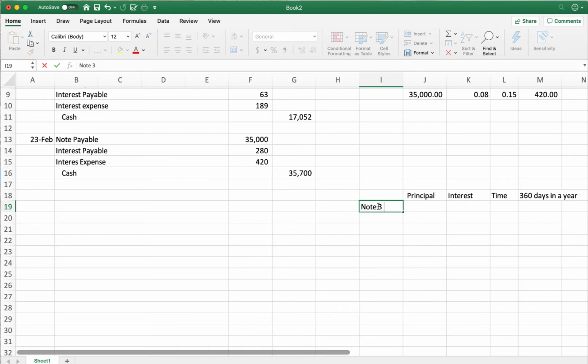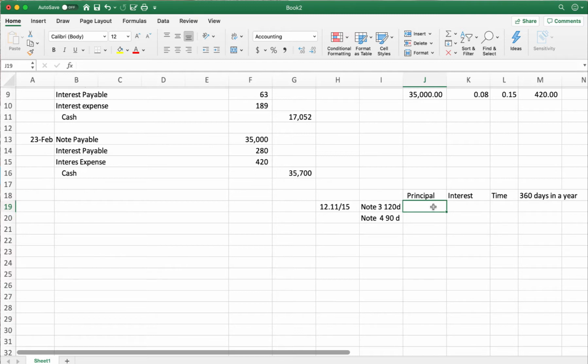Note 3 is a 120-day note. I signed this note on 12/11/2015. Then I signed another note, Note 4. Note 4 is a 90-day note.